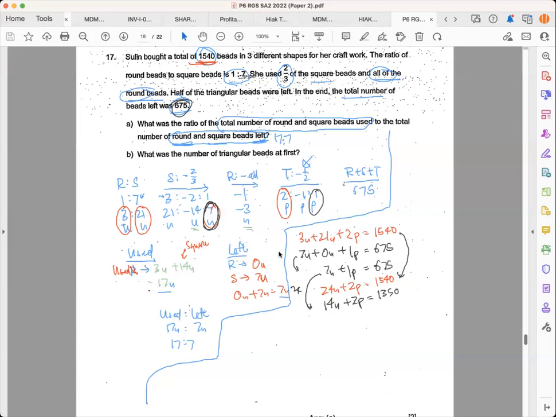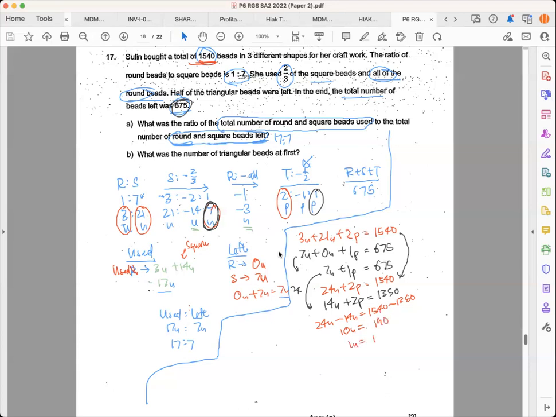On the left side, I will have 24 units minus 14u. On the right side, 1540 minus 1350. 24u minus 14u is 10u. 1540 minus 1350 is 190.